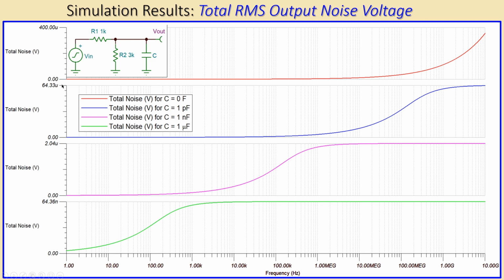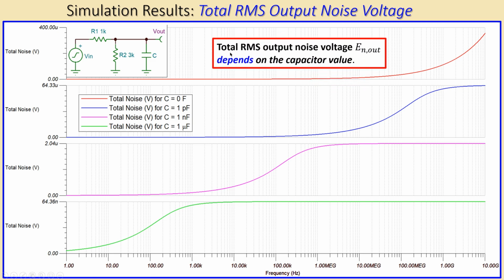You can see again, increasing the capacitor will decrease your output noise voltage RMS, because this is of course larger than that one, and this is much smaller than that one, so it will decrease.